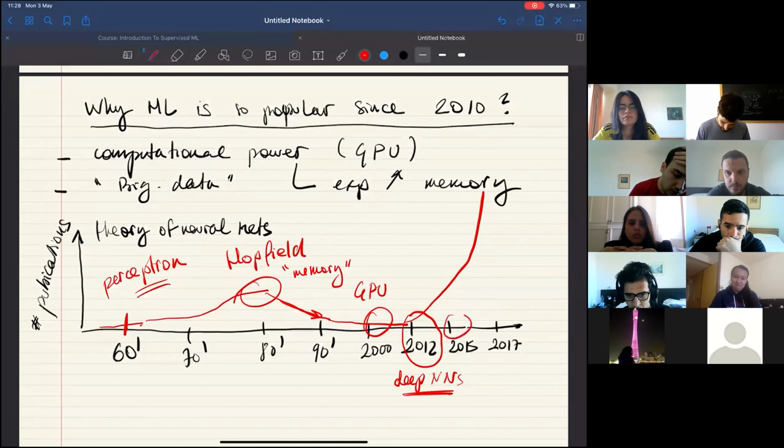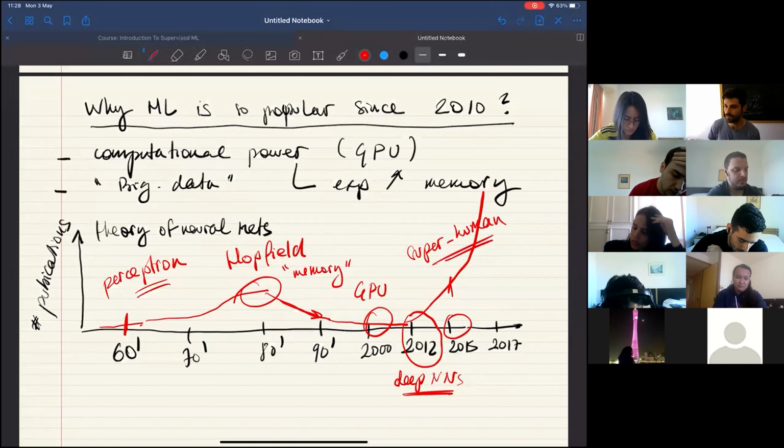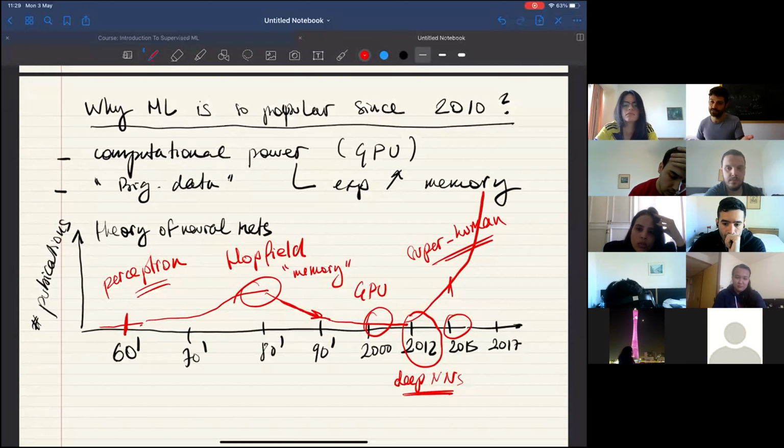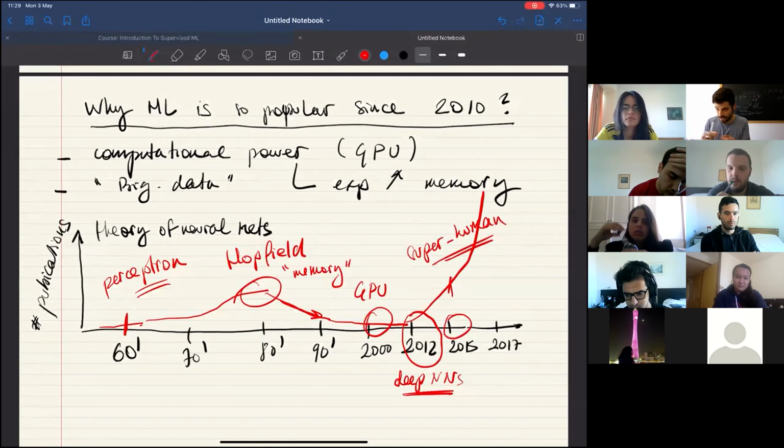And around 2015, we reached superhuman performances. It means that on classifications of complex images, for the first time, a neural network was able to perform better than a human, in the sense that if you were giving the same data sets to random people in the population, and you were asking them to classify these images according to all the classes, people make mistakes, because sometimes you can confuse a dog for some other animal.